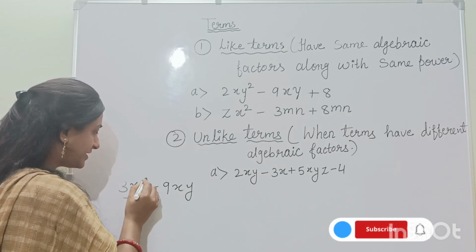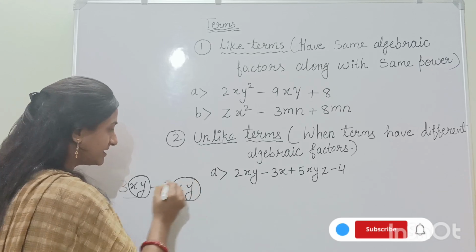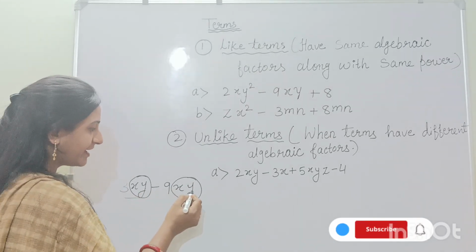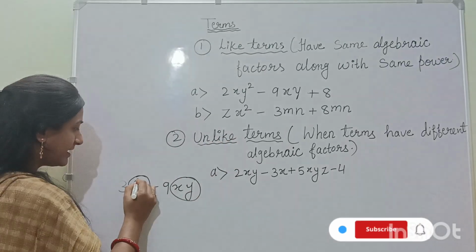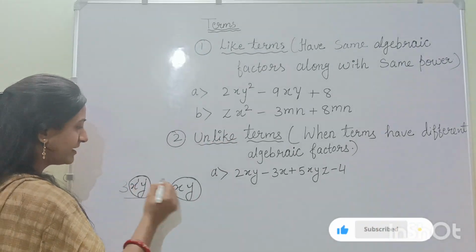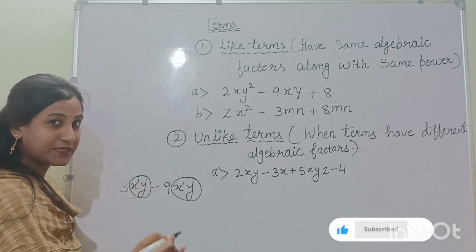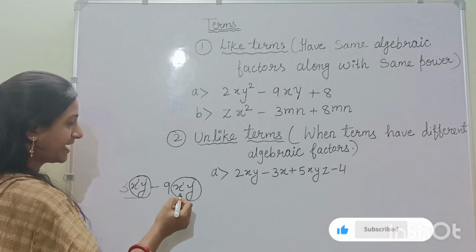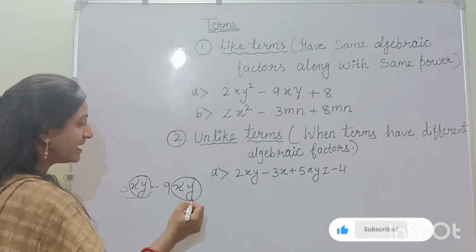So we have to concentrate only on algebraic factors. For the first term the algebraic factors are x and y, and they have the same powers. Where no power is written, it means 1. So in both terms the powers are 1 and 1, and the factors are the same, xy. So we can say these two terms are like terms.